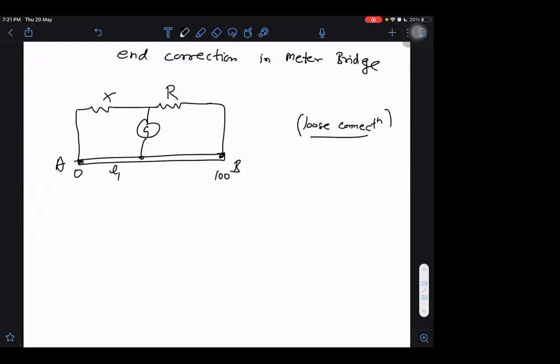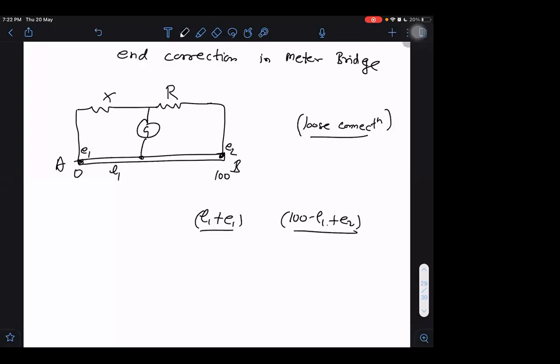But due to loose connection, this side there may be an error of E1 and this side there may be an error of E2. So effectively L1 will become L1 plus E1, and 100 minus L1 will become 100 minus L1 plus E2.